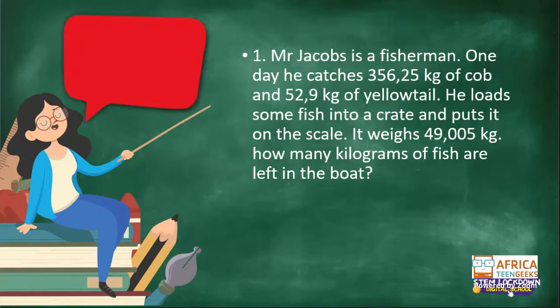He loads some fish into a crate and puts it on the scale. It weighs 49.005 kg. How many kilograms of fish are left in the boat? Now, this is what I want us to calculate. How many kilograms are left?